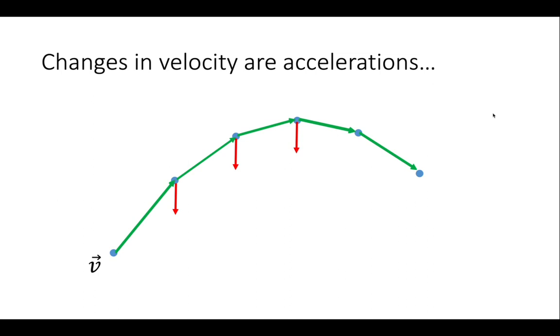We have the one, two, three, let's see, one, two, three, fourth point. So we're going to do the final velocity here. We're going to take the negative of the initial velocity. Now we are going to subtract the initial velocity from the final velocity, or equivalently add the negative of the initial velocity to the final velocity.